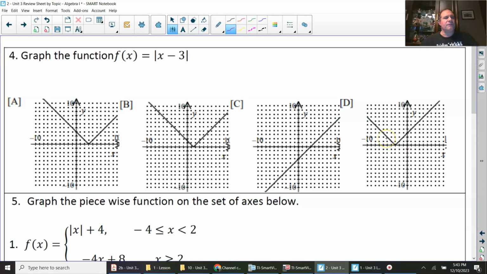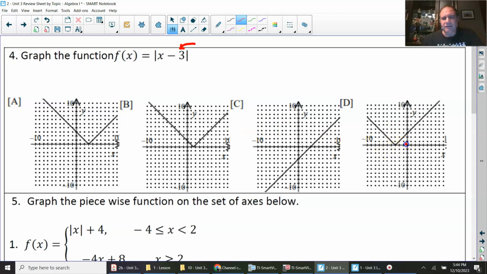All right, so graph this function. It is the absolute value of x minus 3. You put this directly in the calculator, but just remember, inside the absolute value is the opposite of what you think it would be. So if you think it's going to move to the left 3, it is incorrect. It moves to the right 3.